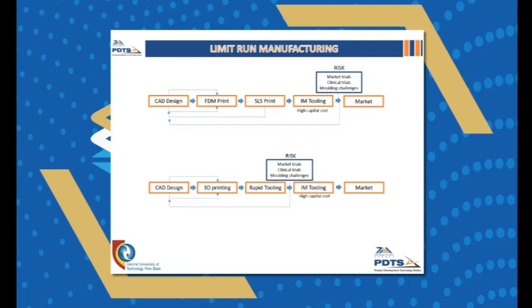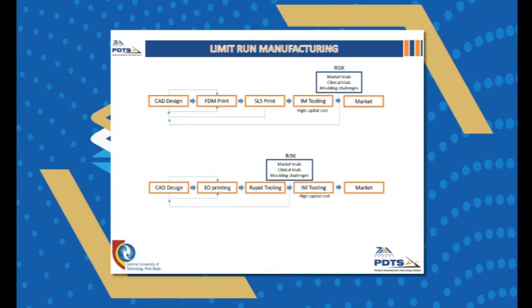So with your rapid tool created, you can then shoot a few samples of your final part in the final process, which is injection molding, and the final materials which can be used for market trials or clinical trials. And you can also sort out all of your molding challenges. Now, why is this better?